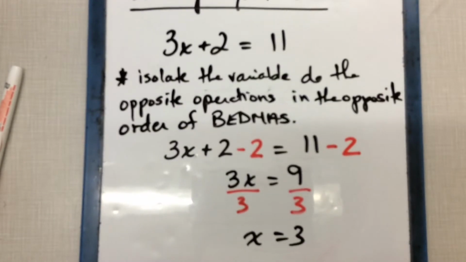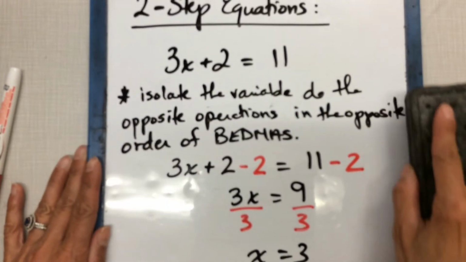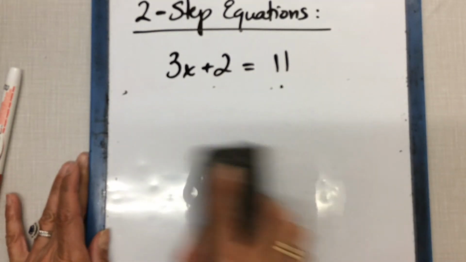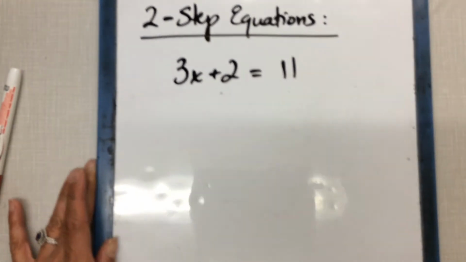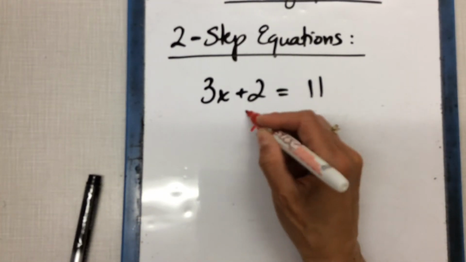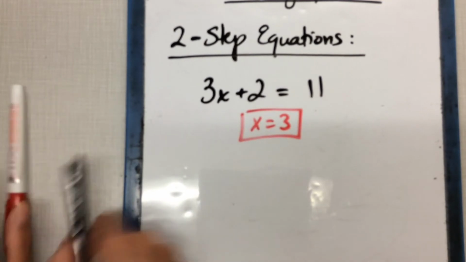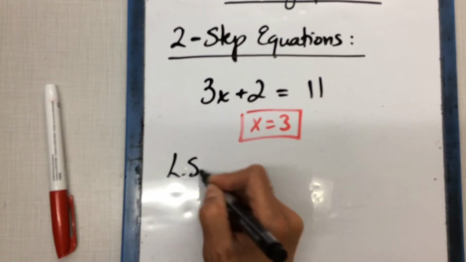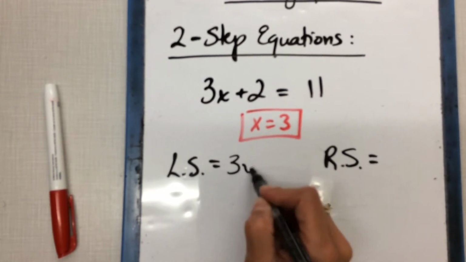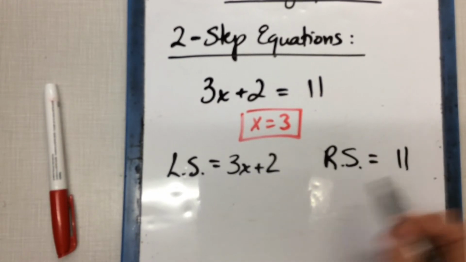Now, how do I know if this is correct? We are going to check. So I will check this answer. We've got x equals 3 is what we got as an answer. So let's do left side and the right side. 3x plus 2 and 11.